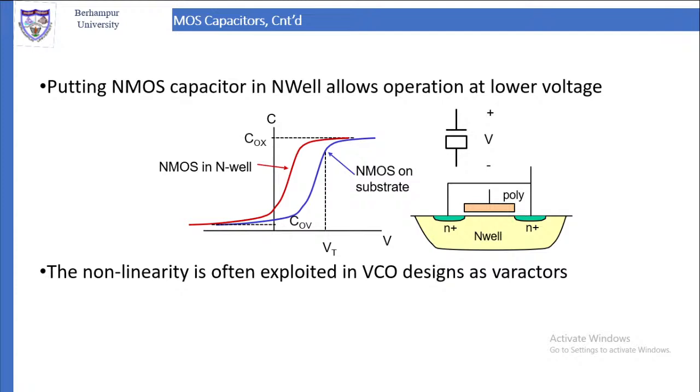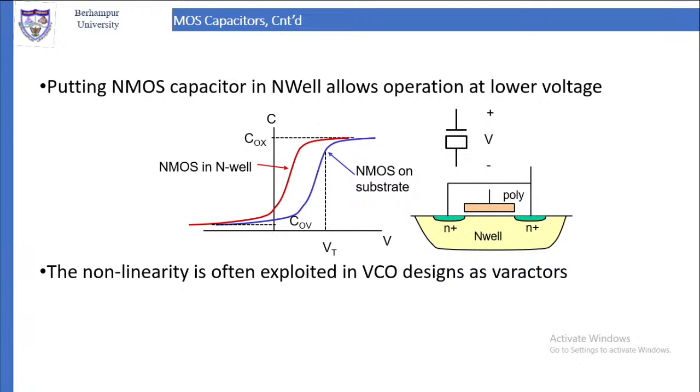When we put the NMOS capacitor, mostly the capacitance we get is from the N well, which allows operation at lower voltage. So high voltage operation can be avoided by putting the NMOS capacitor in the N well. That is shown here in the figure.